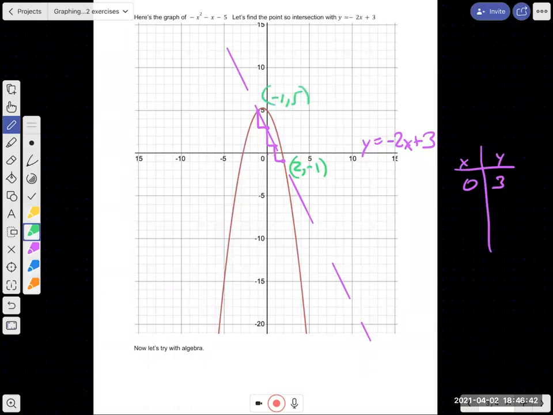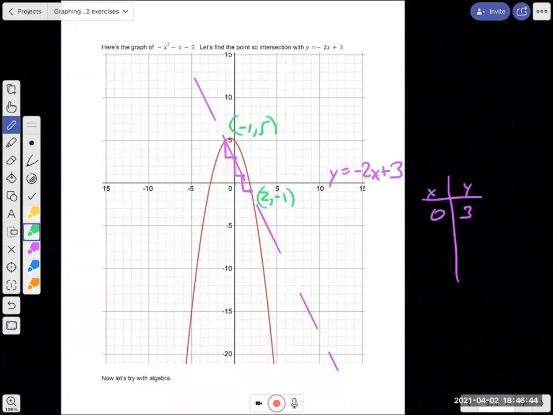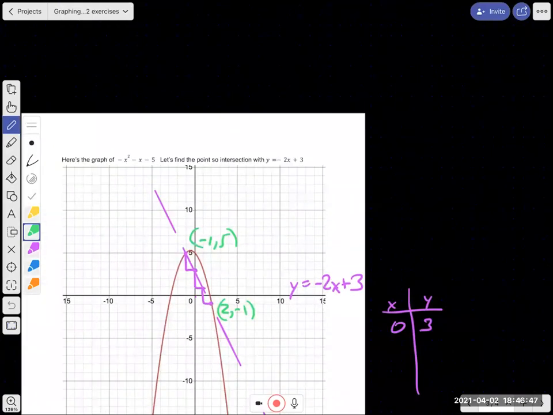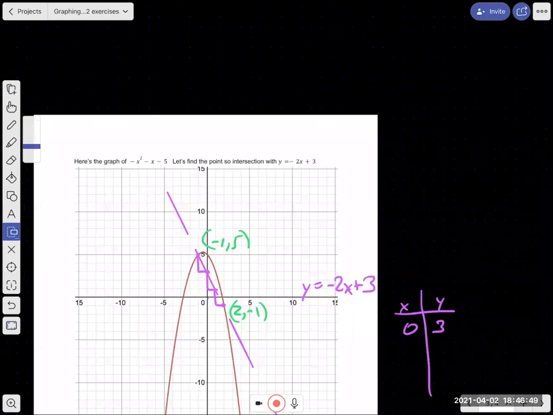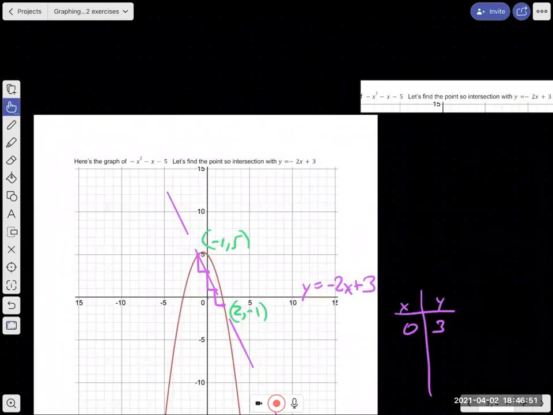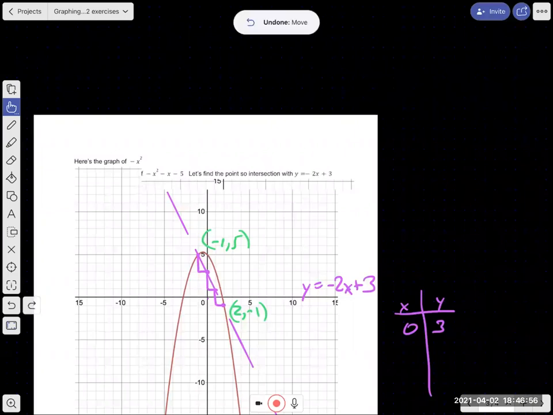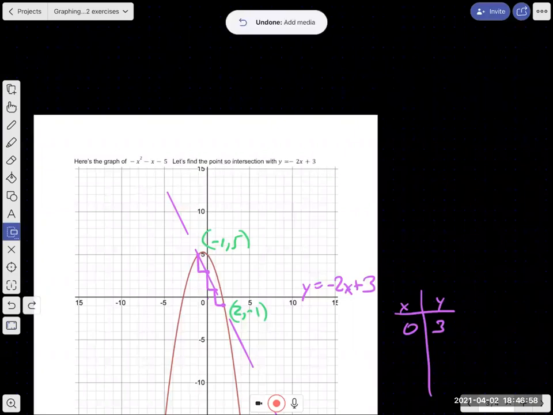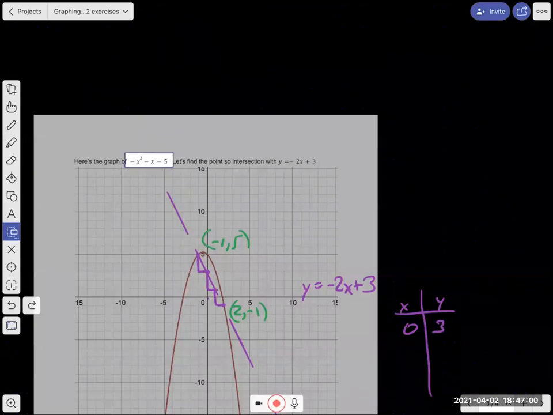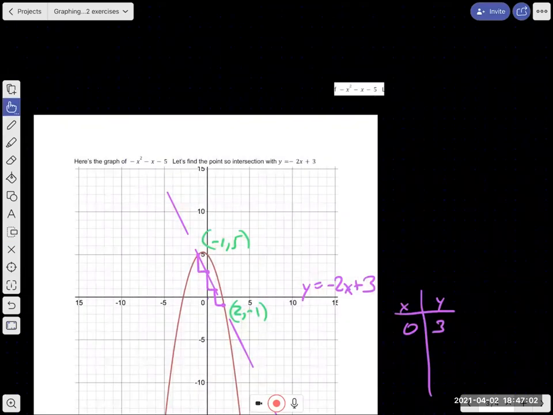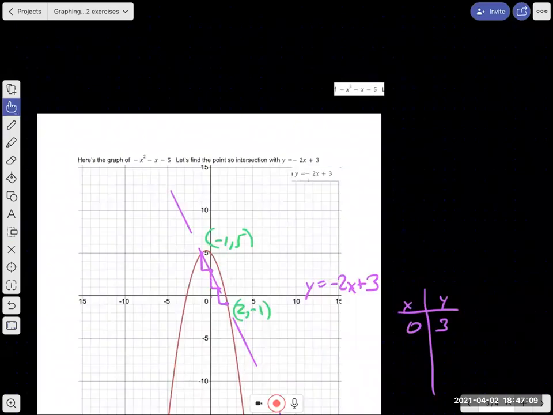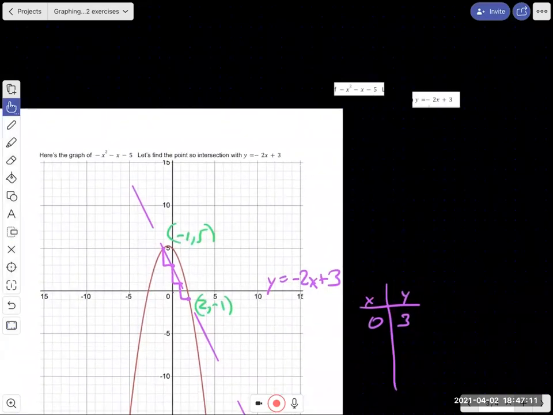Okay. And so you say, well, let's try it with algebra. So let's just grab this and see if we can pull it over here. Okay, so we're going to set those two equal.